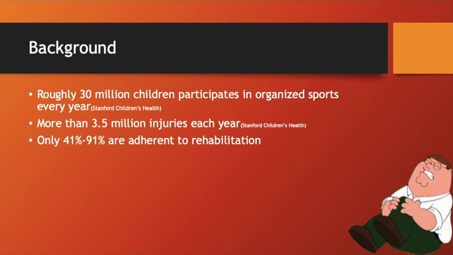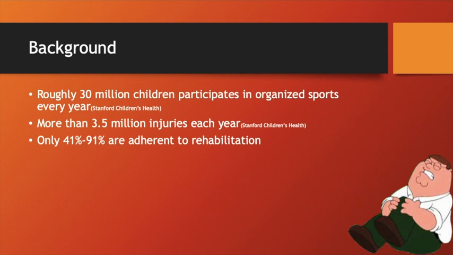Just a brief background of the overall problem. Data shows that roughly 30 million kids in the US are part of some organized sports. This may include football, basketball, soccer, hockey, or even track and field.